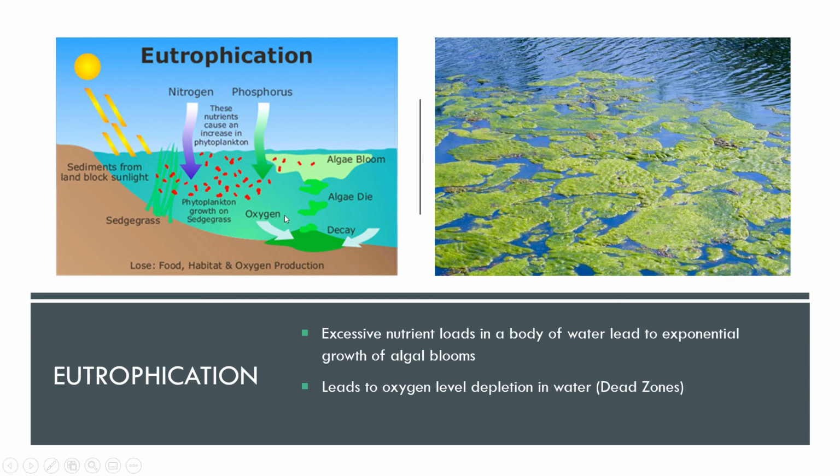Those decomposers need to use a lot more oxygen than normal, which means that they're going to be creating a dead zone. There's going to be no oxygen left within that area, so nothing else gets to live. No fish, no crustaceans, nothing gets to live there. Okay, we're losing oxygen. We're losing habitat, losing food.